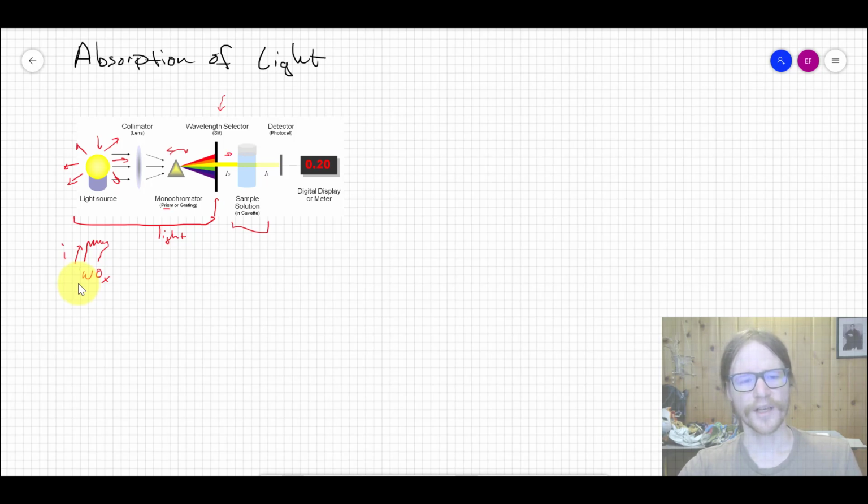Then it passes through our sample, which there's a variety of different sample holders. You're used to using a cuvette, which sometimes can be a cylinder, but most often it's this rectangular shape that's made of some material that's not going to absorb the radiation that you're trying to put through it. So if you're using visible light, then glass is fine.